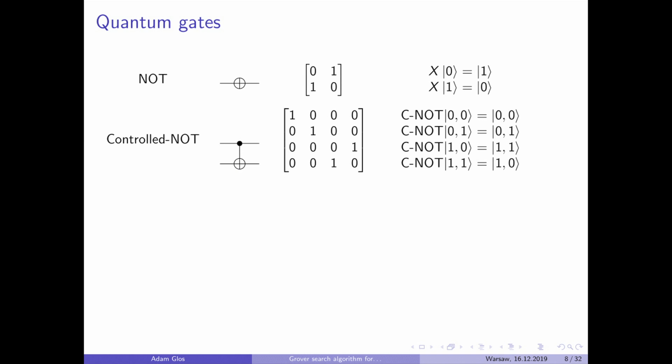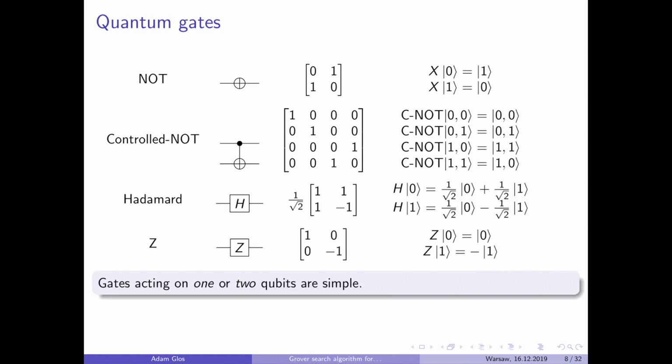But it turns out that we have much more interesting quantum gates, for example, Hadamard. Hadamard is used for creating a superposition of basic states, as we have actually done before.